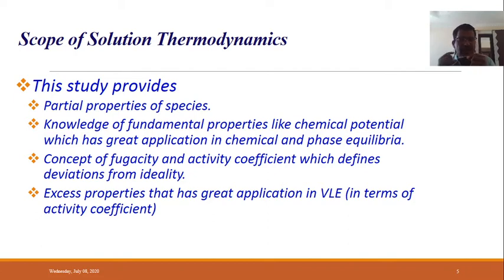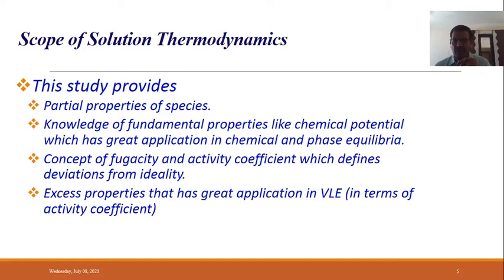These are different thermodynamic models for the calculation of activity coefficient, and there the role of excess property is very important. That is why we use these models, for calculation of activity coefficient. As we discussed earlier, y_i P is equal to x_i P_i saturated.